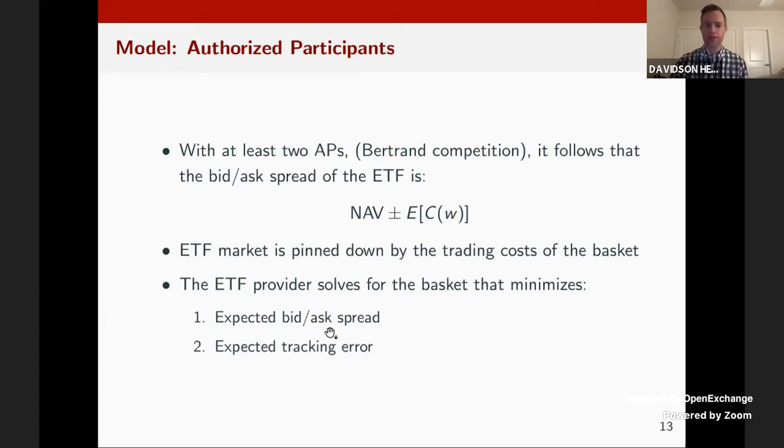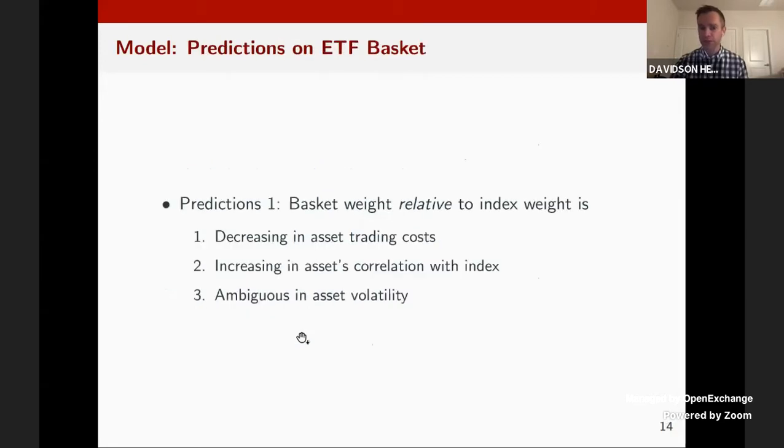So the provider is going to solve for the basket of weights W that jointly minimize those 2 quantities in expectation. I'll spare you the math formulas, but the bottom line clearly dropping out of the model is that the basket weight relative to the index weight is decreasing in the expected trading costs. You will underweight or omit illiquid assets.